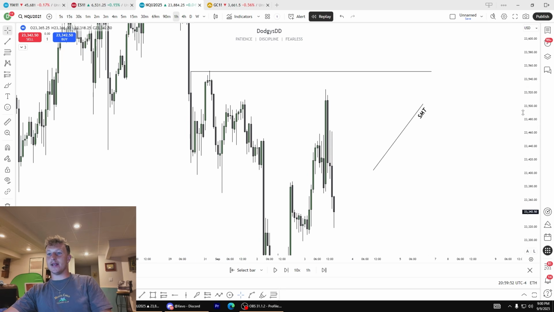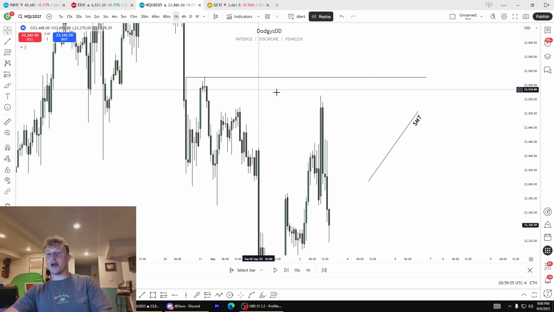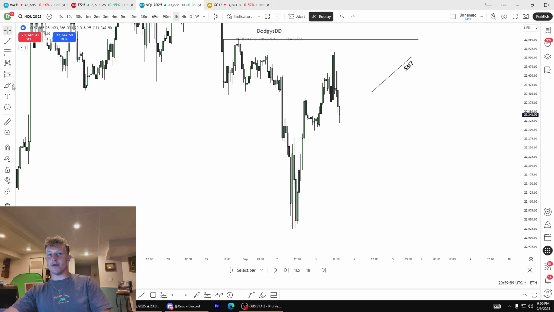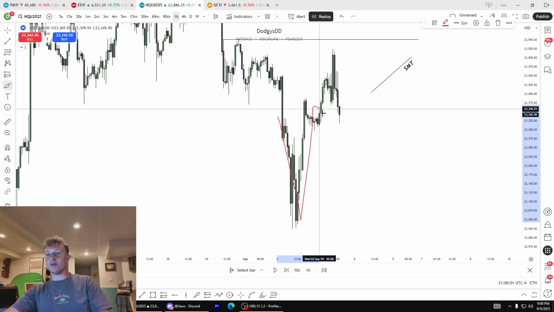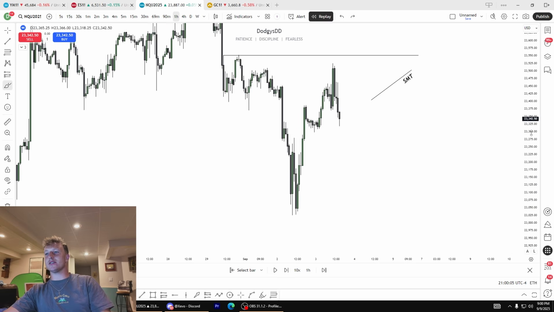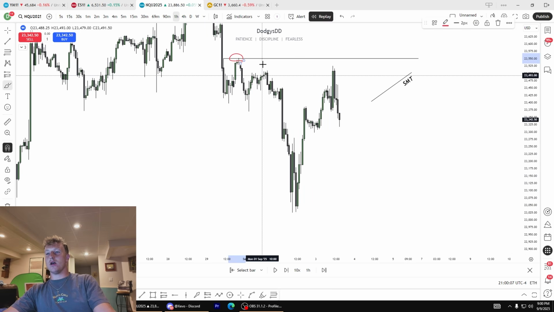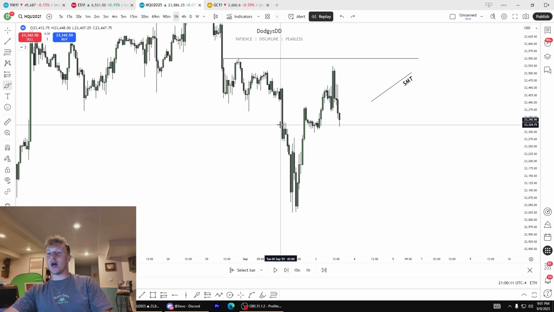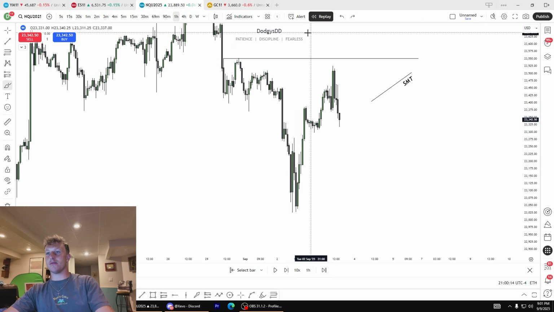Okay, it was filled by a tick, but we still left relative equal highs here, and you know, there's still a V-shaped recovery down here. So off this V-shape, right, you'd expect this to happen. And it's not big. Obviously, these were taken by a tick here, but this is still a lot of imbalance to fill. And to be honest, this V-shape tells me we're going to go to it.